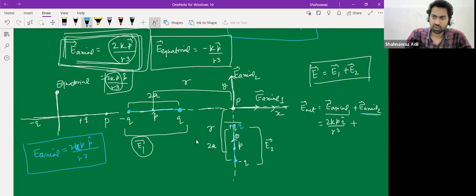So this would be 2 kp and p hat is in the direction of the y axis. Y cap is represented by which unit vector?